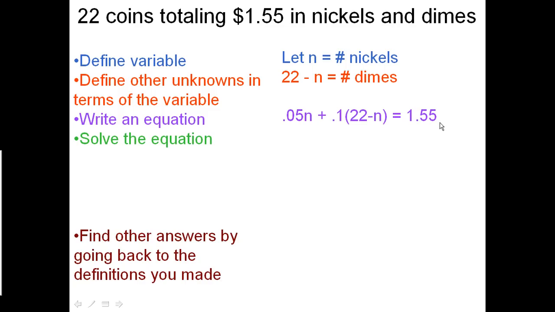Next, I'm going to solve that equation. You probably see right off that we're going to have some distributive property here. We're going to have 0.1 times 22 minus 0.1n.